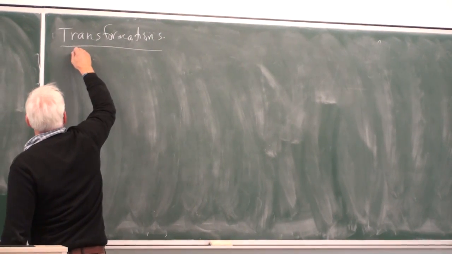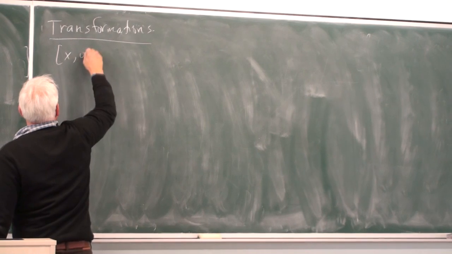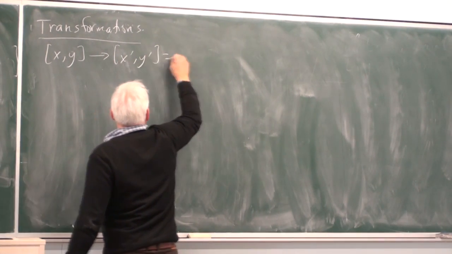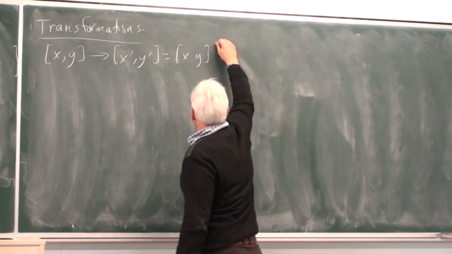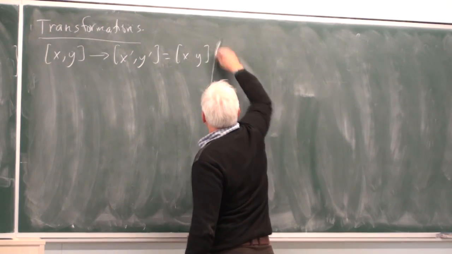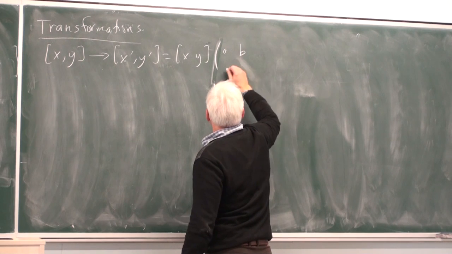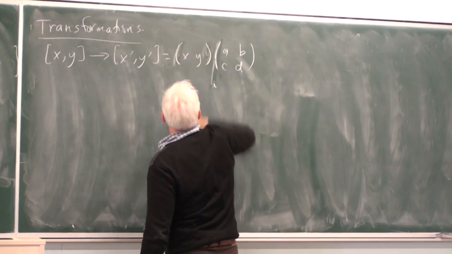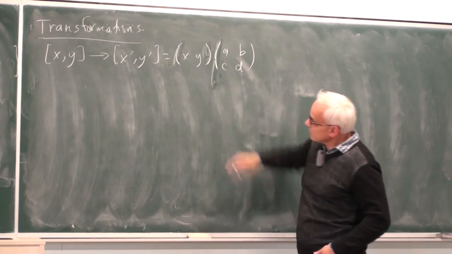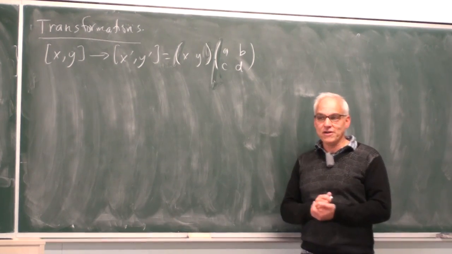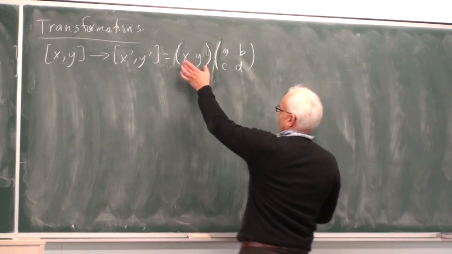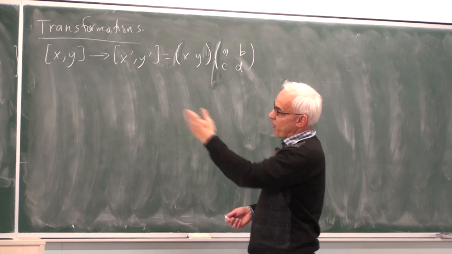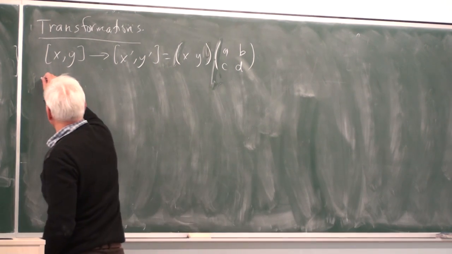So if we have a typical transformation of the plane, x, y goes to, say, x prime, y prime, which is given by x, y times some matrix A, B, C, D. Maybe I'll write as a matrix vectors. There's a typical linear transformation in the plane where we're multiplying a row vector by a 2 by 2 matrix. That can be incorporated in the story or represented.